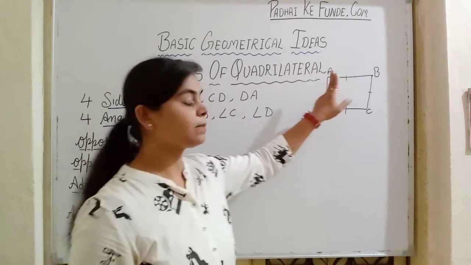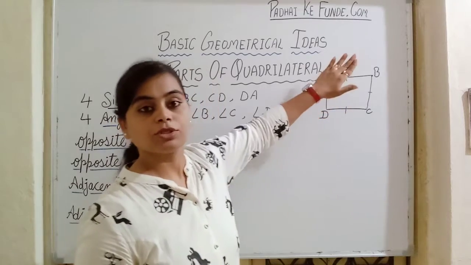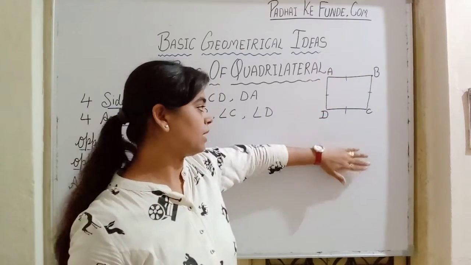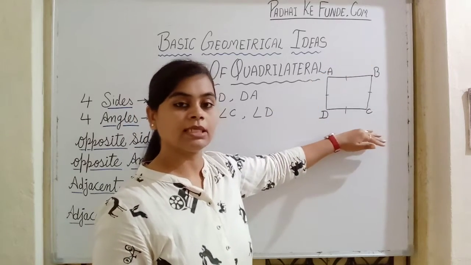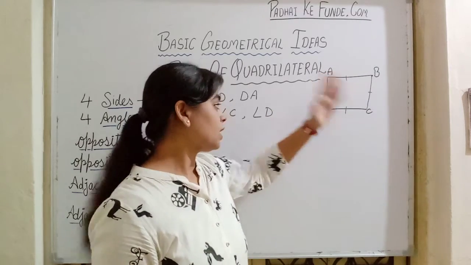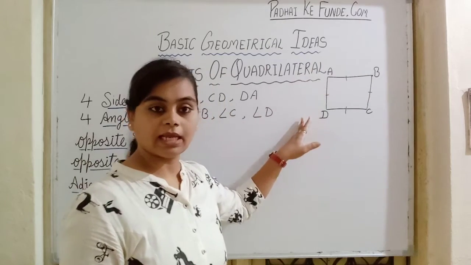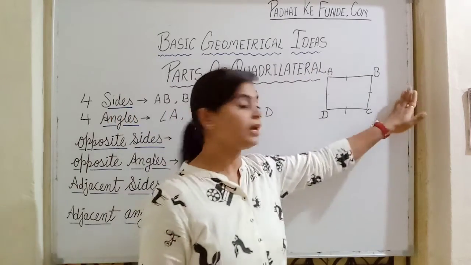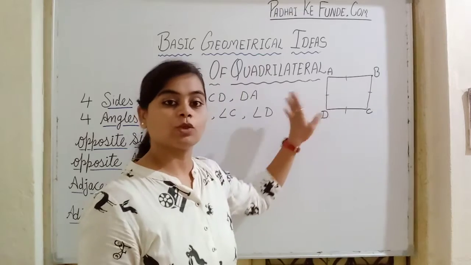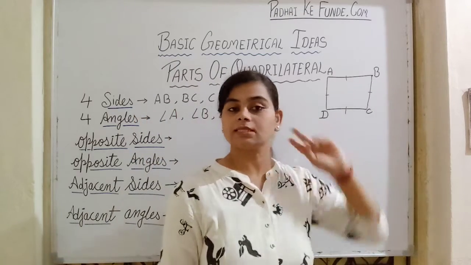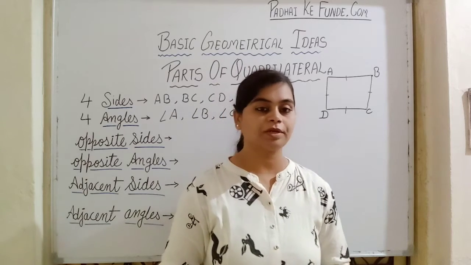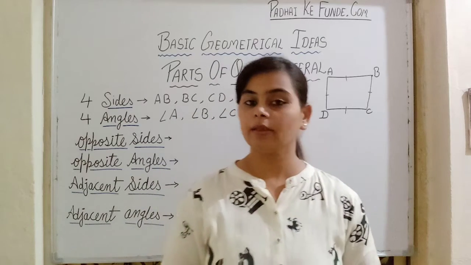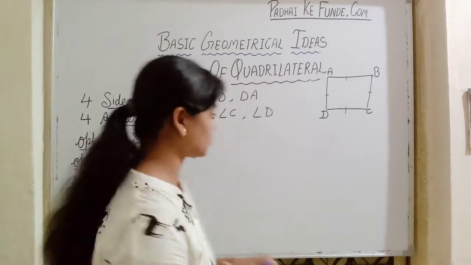If we talk about the side AB here, in front of side AB we have side DC. So AB and DC are the opposite sides. Now if we take the side AD, in front of side AD we have side BC. So AD and BC is the second pair of opposite sides. So in all we have two pairs of opposite sides, and the same in case of angles also.